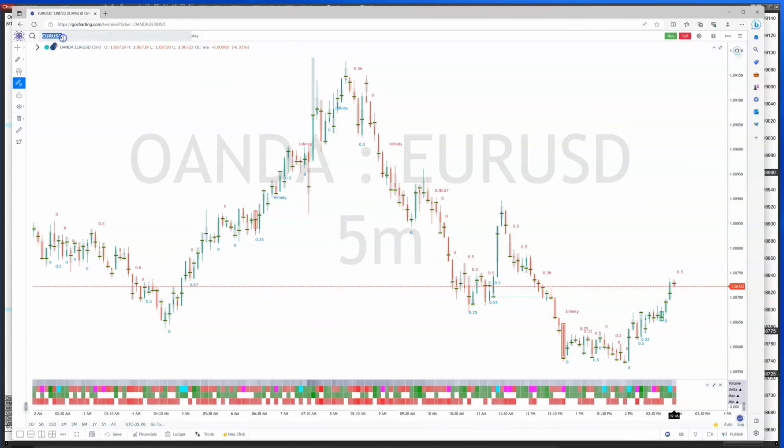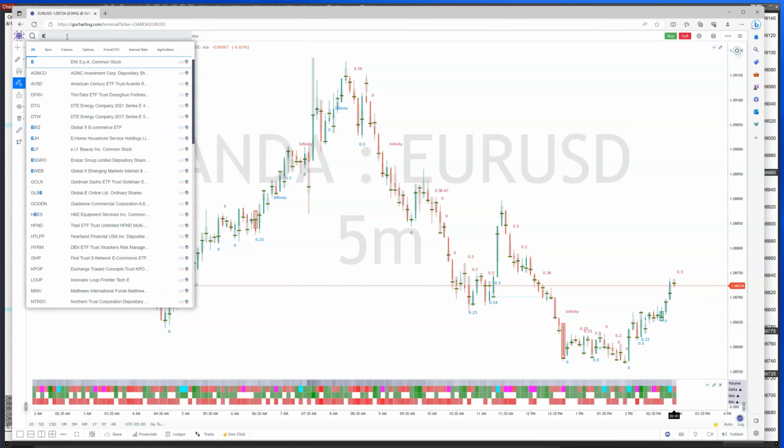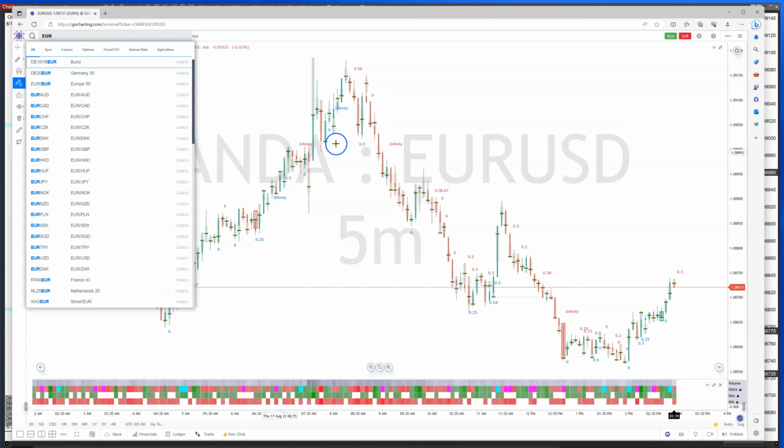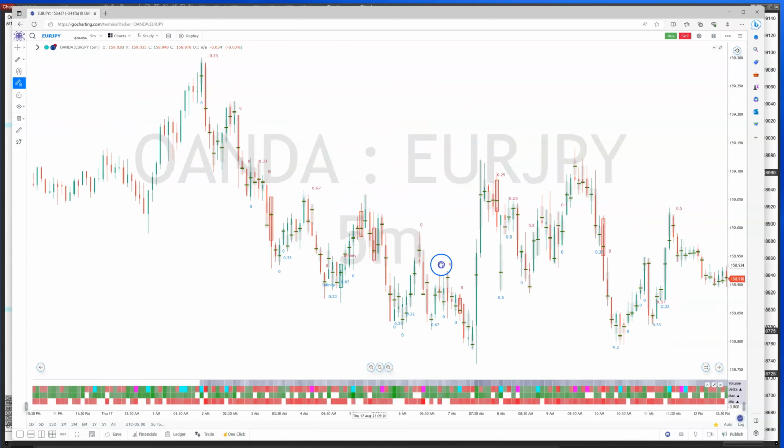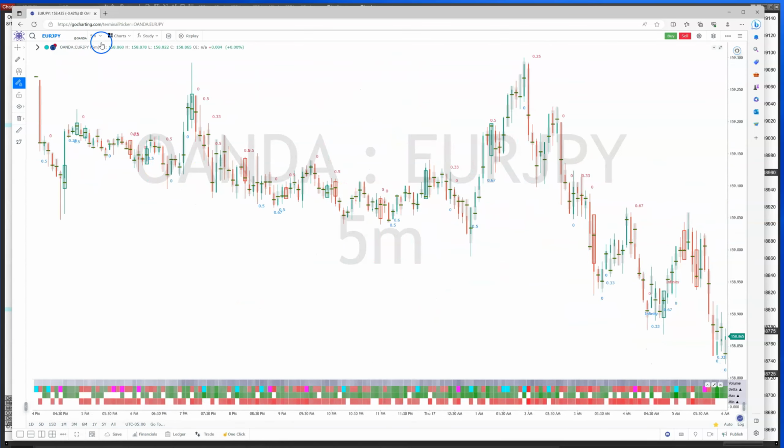The nice thing about Go Charting is you can get all the pairs. The data is from Oanda, so maybe you want, I don't know, Euro Japanese yen, euro versus the yen. Again, it's a 5-minute chart.